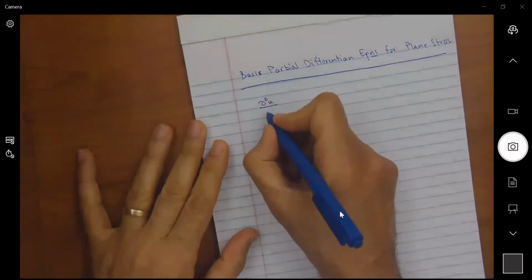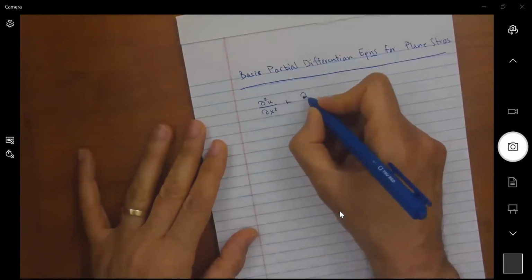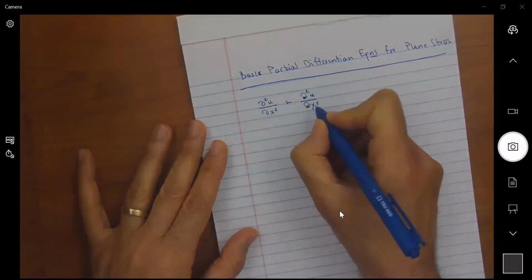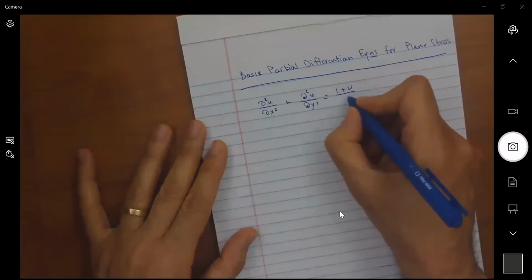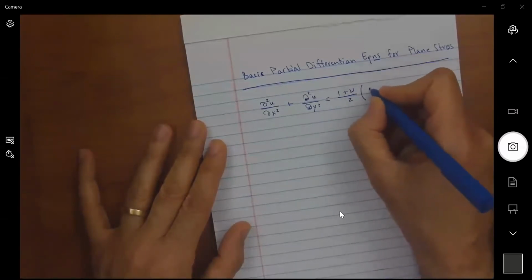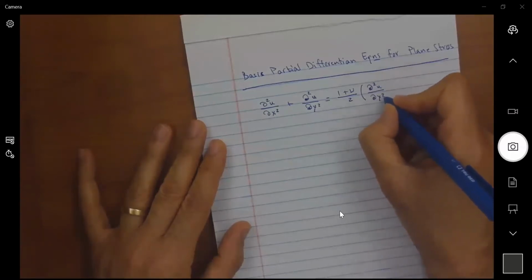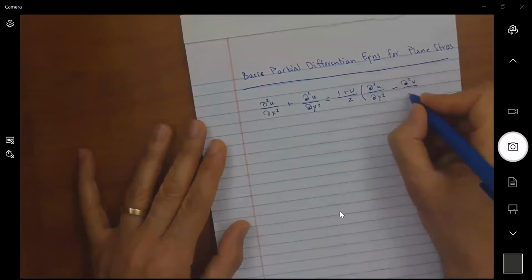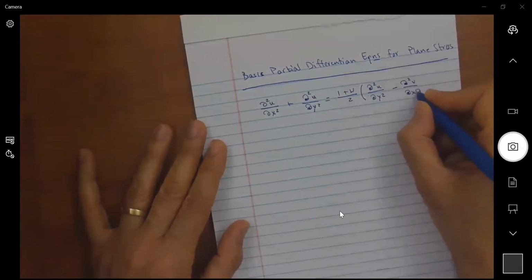The partial derivative d2u with respect to x squared plus d2u dy squared is equal to 1 plus nu divided by 2 multiplied by d2u by dy squared minus d2v by dx dy.